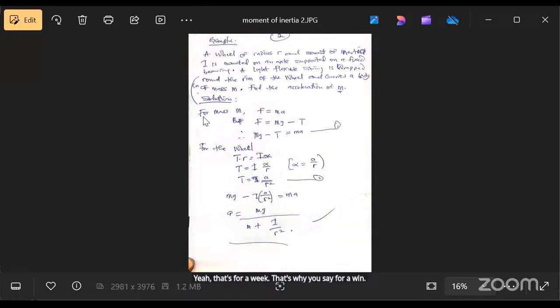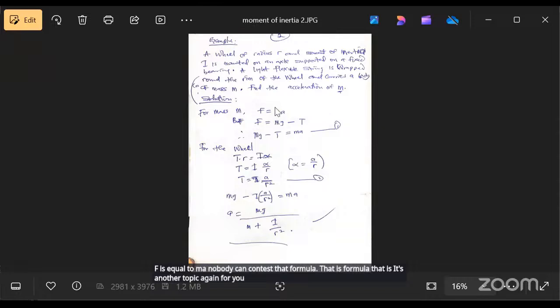When you are reading, when you say for mass, F is equal to MA. Nobody can contest that formula. Deriving it is another topic, but you know this formula is valid for any mass. Yes, sir. For any mass, force is equal to MA.